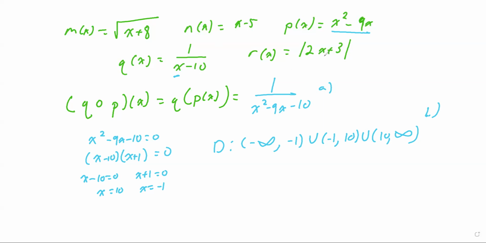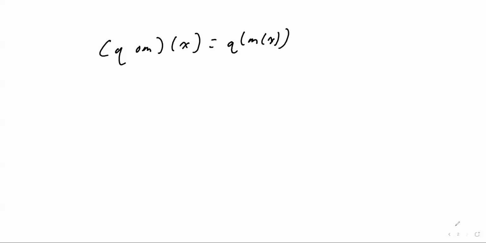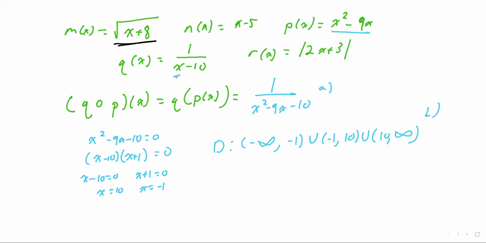All right, so using these exact same equations, let's do another example. Let's look at Q of M of x. Again, when it's written like this, remember this can be Q of M of x, where I'm plugging the second function into the first function. So I'm going to take the M function and plug it into the Q function.